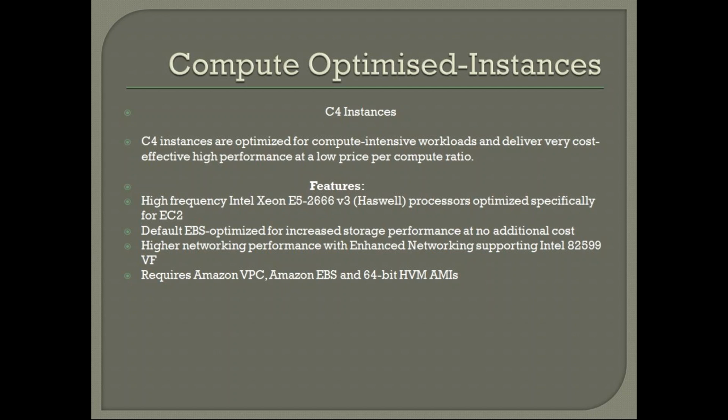So higher networking performance with enhanced networking supporting Intel 82599VF. Requires Amazon VPC, Amazon EBS, and 64-bit hypervisor machine AMIs. So this requires 64-bit HVM AMIs. If you are using 32-bit, then it won't work. You need 64-bit AMIs to provision this instance using this C4 configuration.